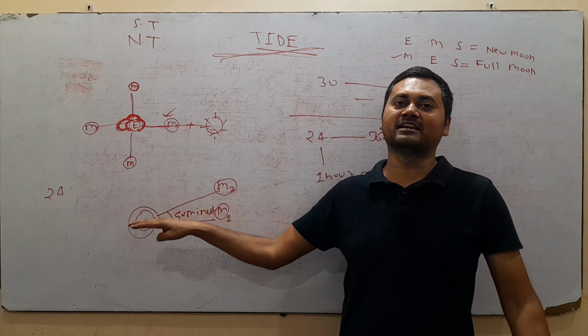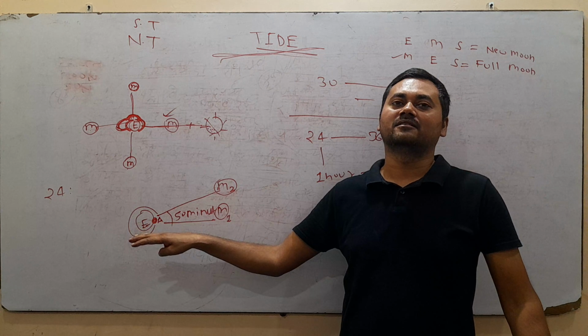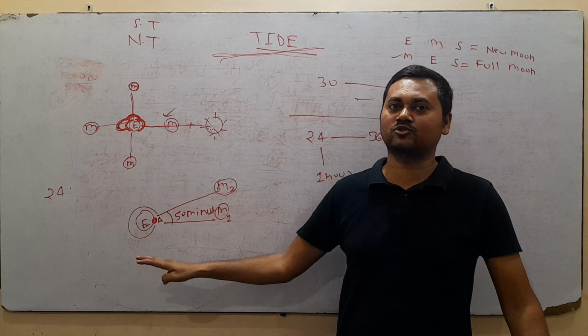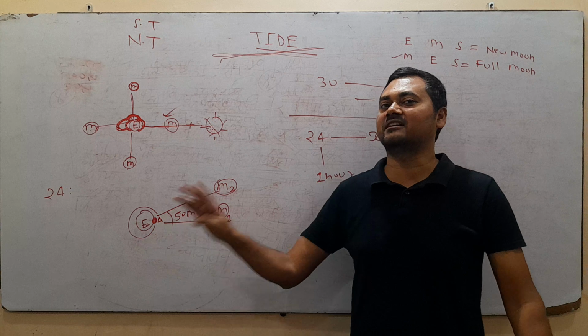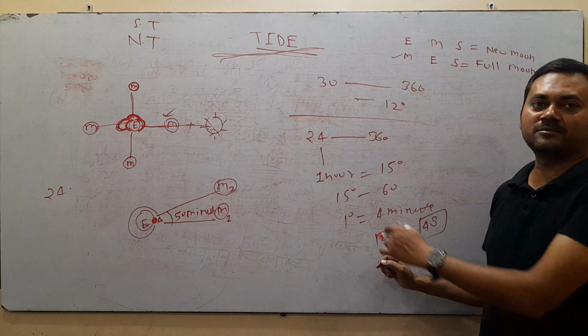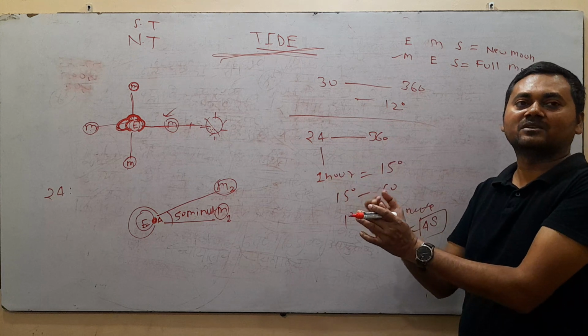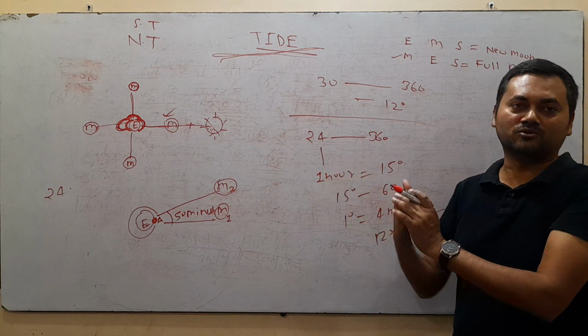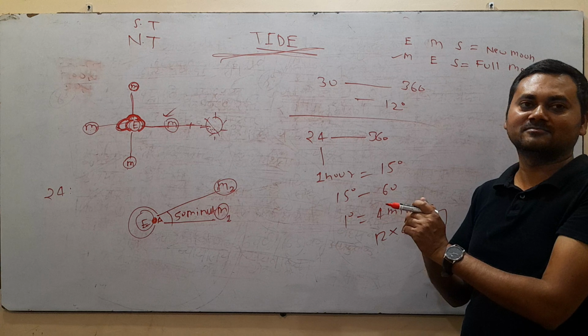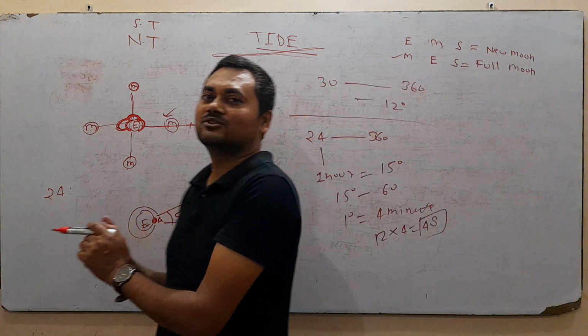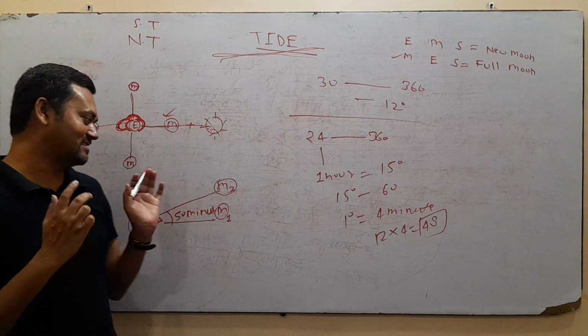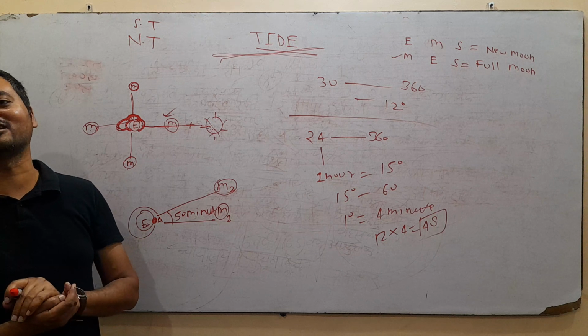This 12 degrees, which has to be covered by the earth, will require 48 minutes if we take 30 days in context to the moon. Because of this, it is not exactly 24 hours.